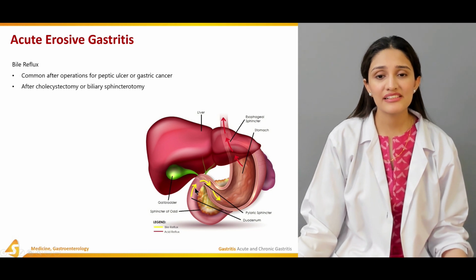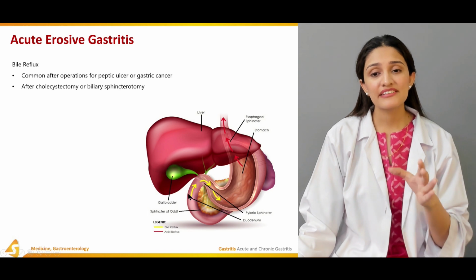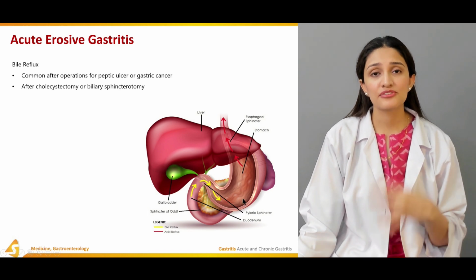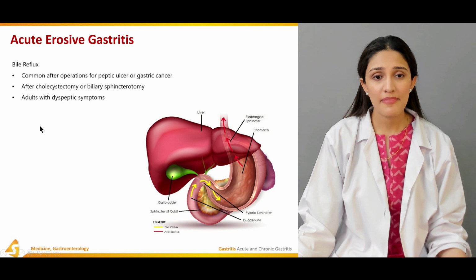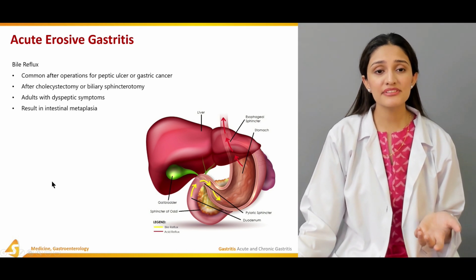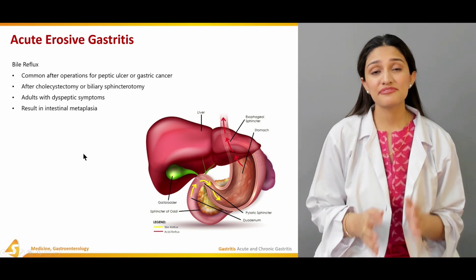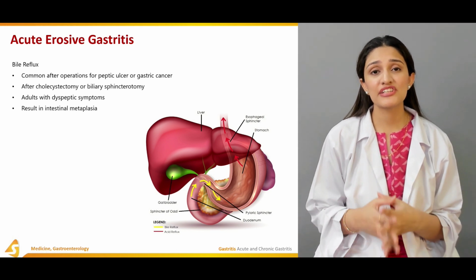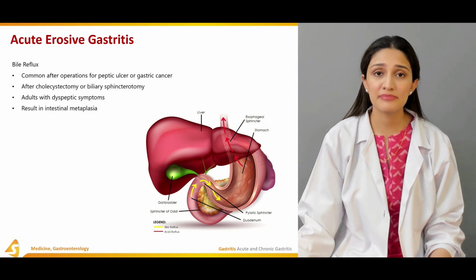For example, bile from the gallbladder refluxes and goes back into the stomach and causes gastritis. It is usually in adults with dyspeptic symptoms, and in the advanced stage, the complication might result in intestinal metaplasia.